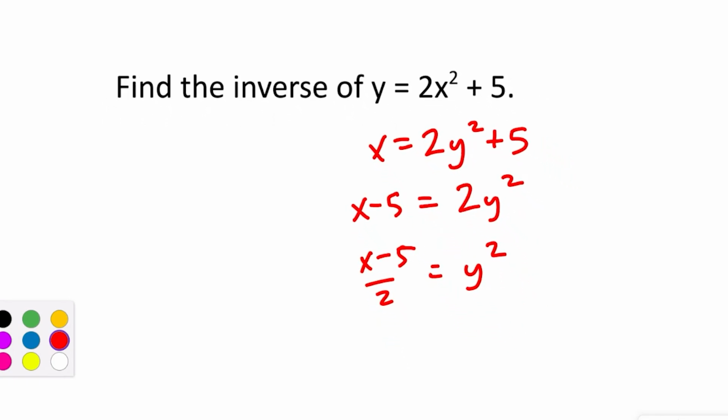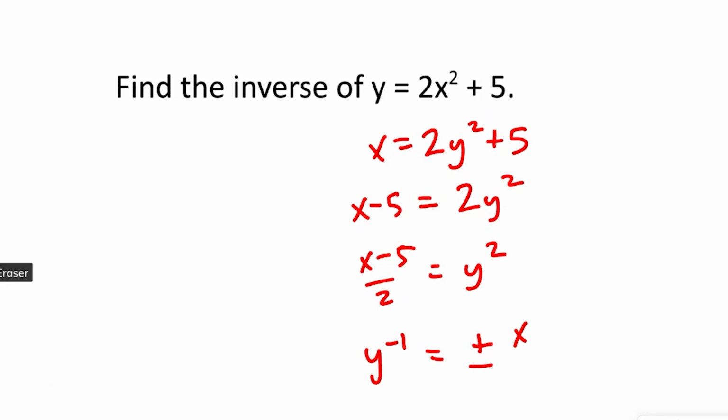And what happens when you take the square root of both sides of an equation is, well, the square root of y squared is the absolute value of y. It's not just y. And therefore, we're going to have this plus or minus thing happening. So y, or at least the inverse of y, would be plus or minus the square root of x minus 5 over 2.